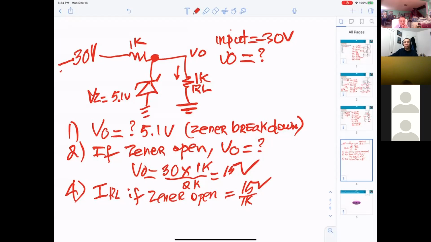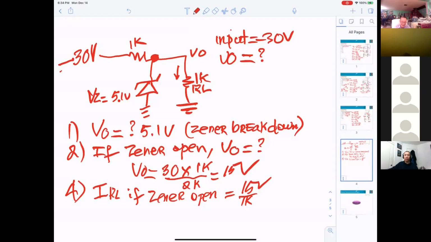Negative 0.7. It has to be negative 0.7. So the diode did not break down. It's working like normal. Normal means you substitute positive and negative, and the value will be 0.7.